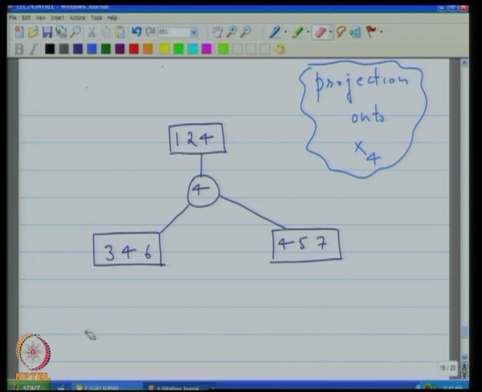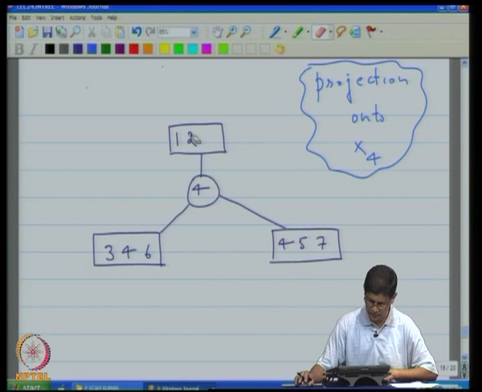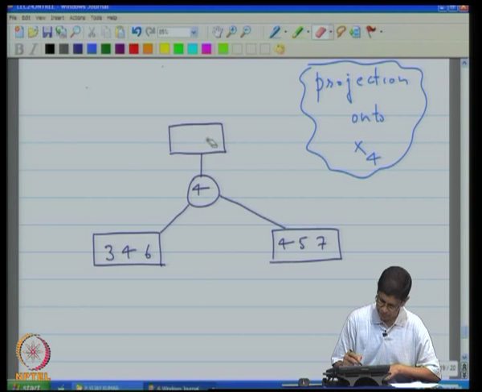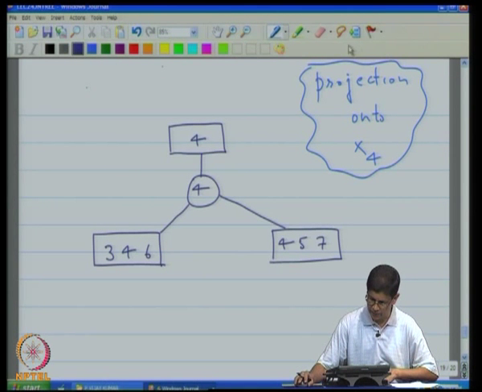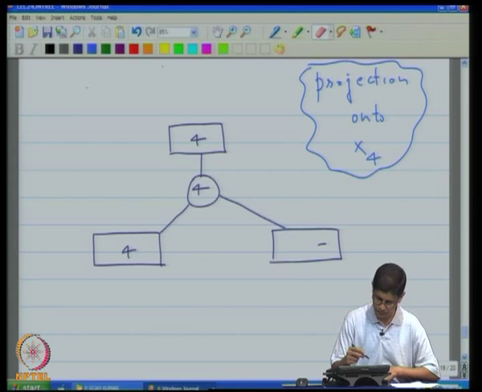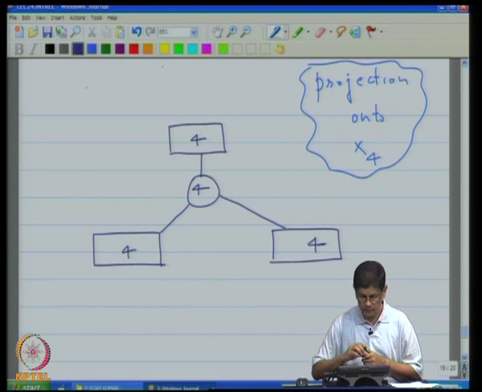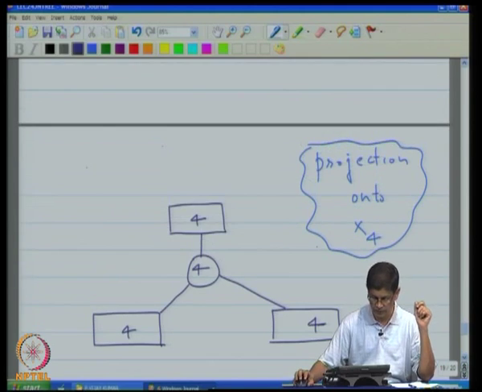And then in the remaining nodes I delete all variables other than x4 that appear. So, I am left with this. And now you can see that this is a tree. So, this is an alternative definition of the junction tree.